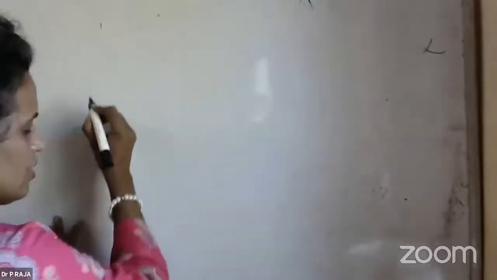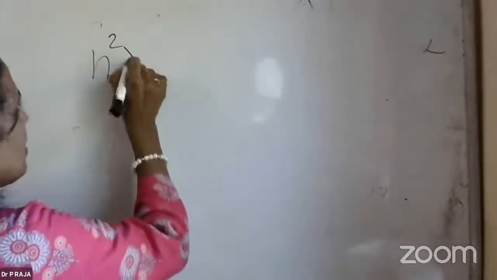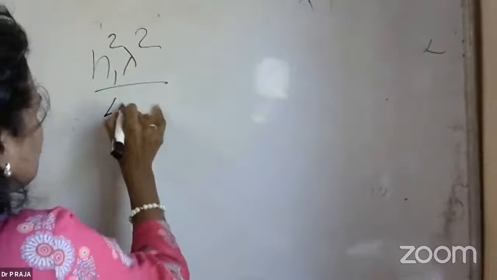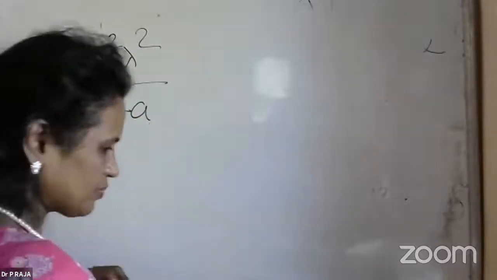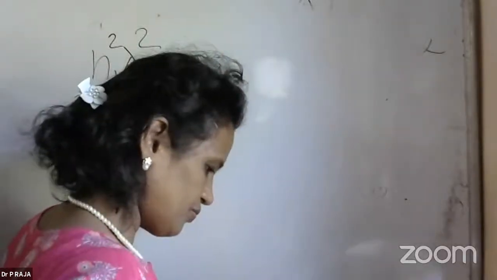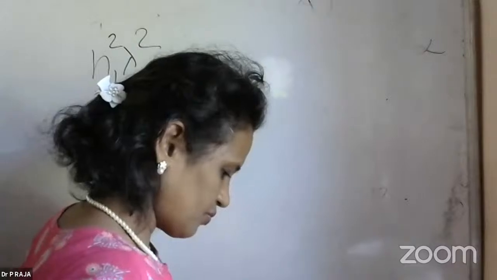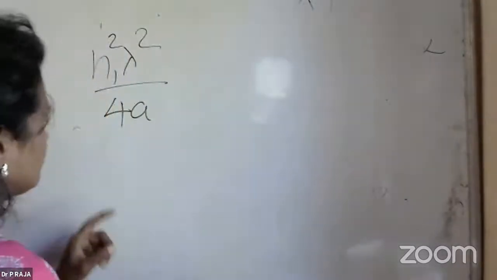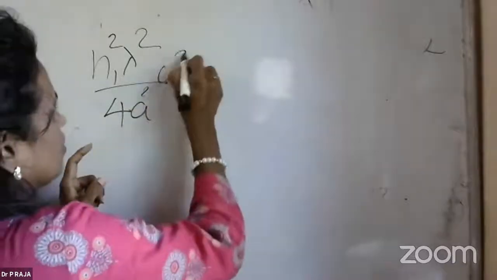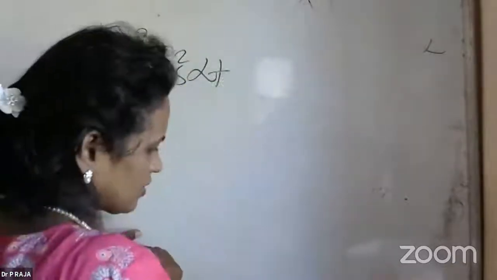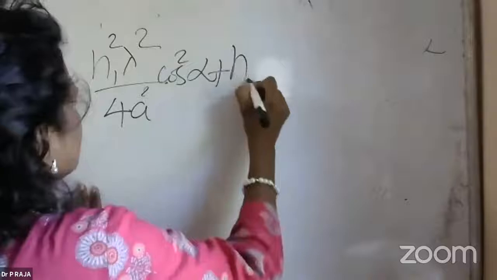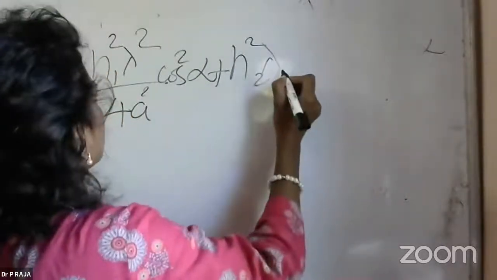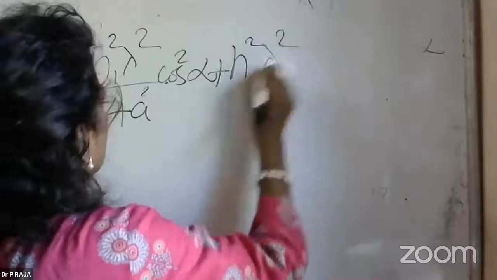You will take n1 square lambda square by 4a square cos square alpha, plus the next one, n2 square lambda square by 4a square.